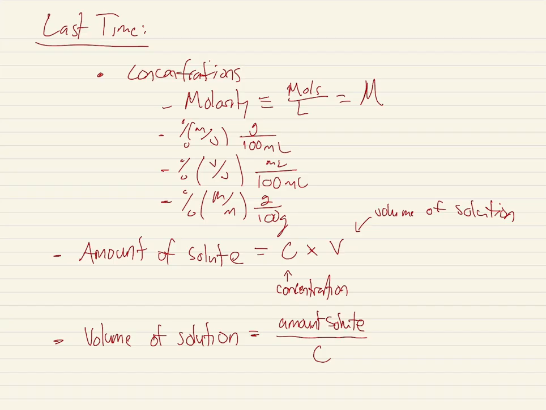All right, so let's look at molarity, for example. If we take the moles of solute and divide it by molarity, what are the units of molarity? Moles per liter. What happens to the units of moles? These cancel out. And what about 1 over liters? How does that simplify?